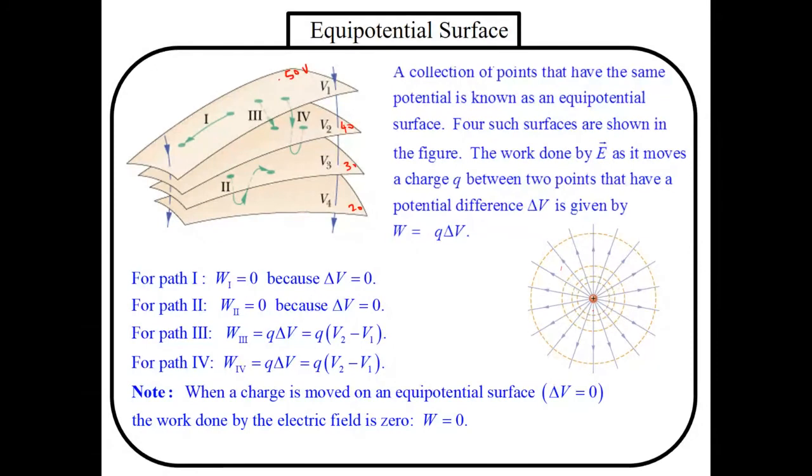Now I want to move one charge on this surface from this point to this point. So what should be the work done? This point is 50 volt, and this point is also 50 volt. So what should your work done be? Zero. So if you move any charge on the same equipotential surface, the net work done is zero.